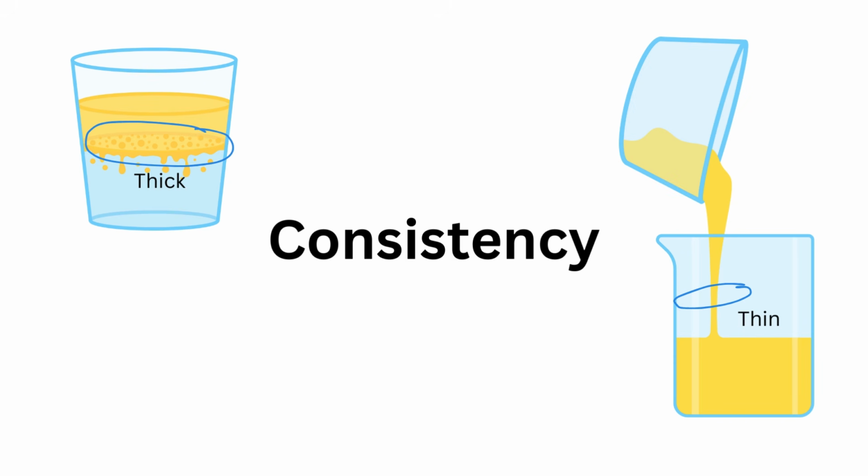Something I do want to point out is to try to see what the word means when you're reading the sentence, because when I saw this word, consistency, I was like, oh okay, something that is constant, you're consistently doing something. But make sure you read the sentence and see the way the word is being used in the sentence. So is it consistency of thickness or how thin something is in regards to a liquid, or is it that something is consistent.